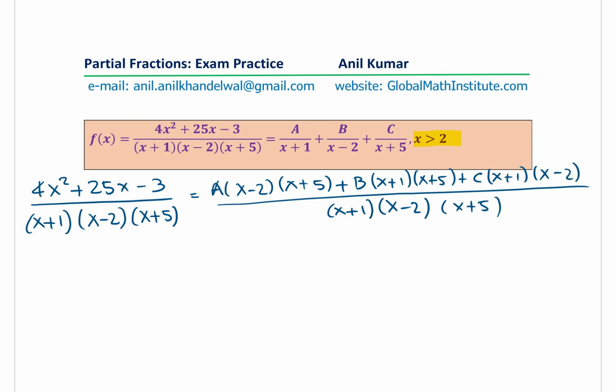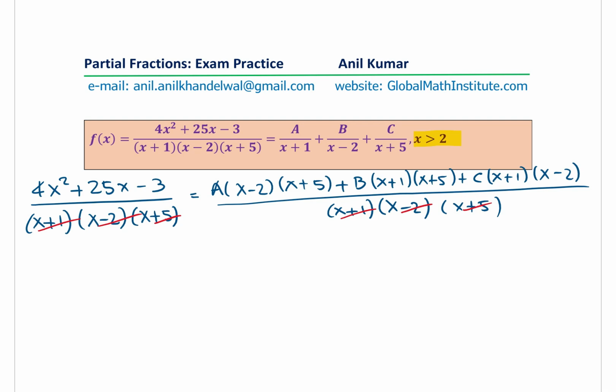Correct? So that is how it is going to be. Since we have the same factors in the denominators, we could actually cancel them. So we can now compare the coefficients, correct?